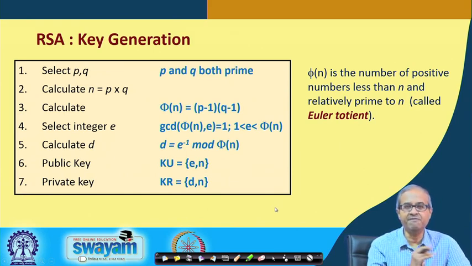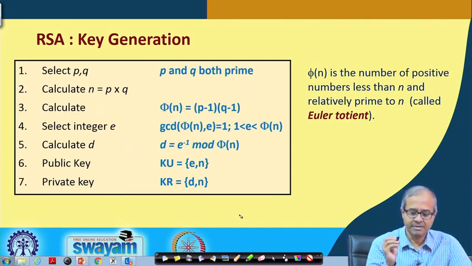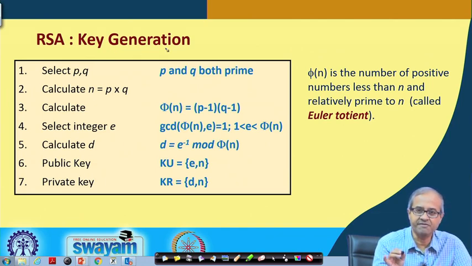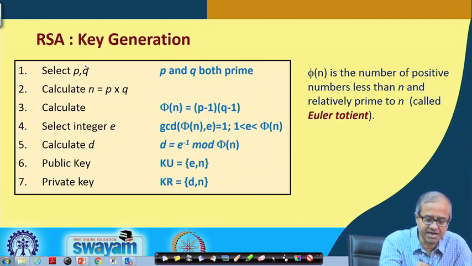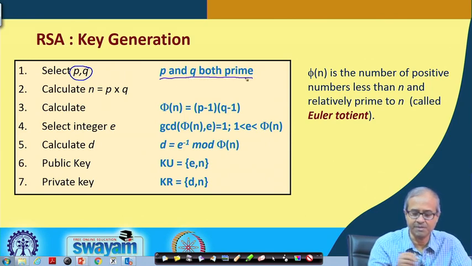Now, I am very briefly telling you how the key pairs are generated in RSA, because you will then appreciate how RSA encryption and decryption works. This is for the key generation. For every party you have to generate a public key and a private key. The first thing is that you select two prime numbers P and Q. P and Q are both prime.